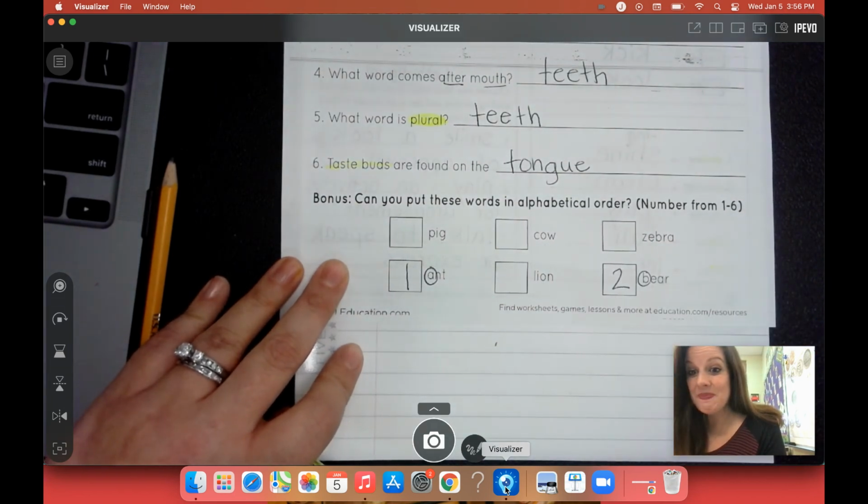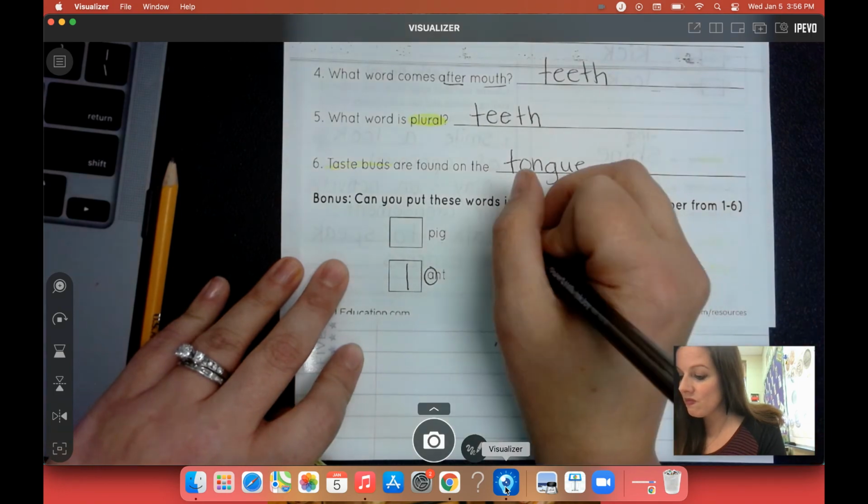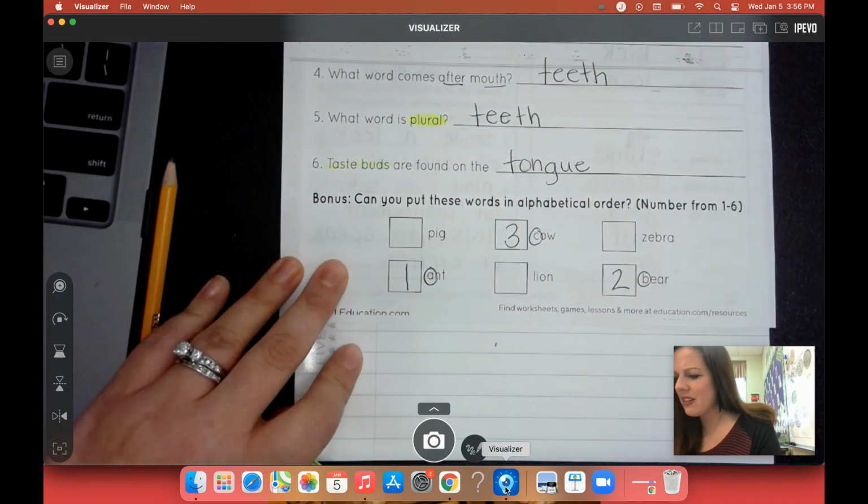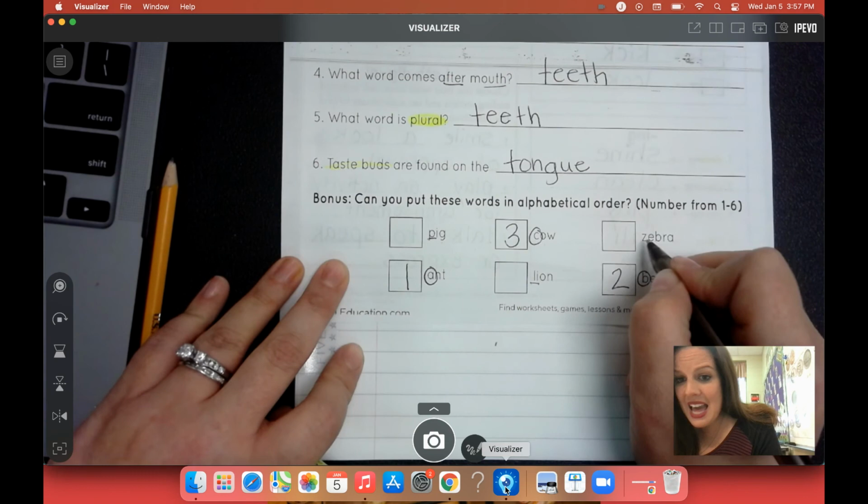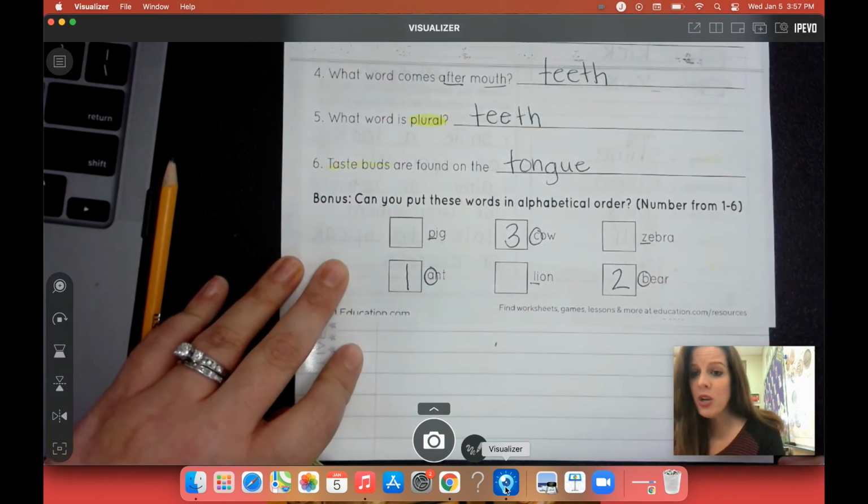C. Cow. D. I don't see anything. E. F. G. H. I. J. K. L. M. N. O. P. What would come next?